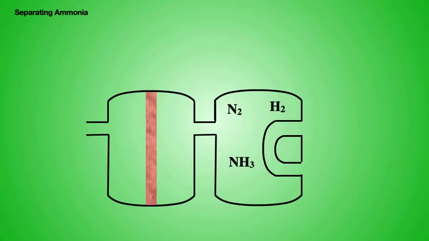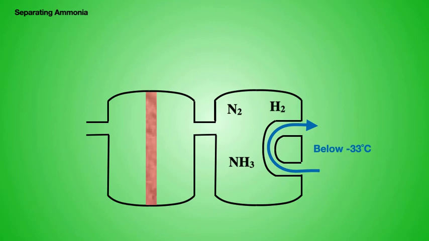And what we're going to do, through that weird looking pipe on the right, we're going to pump a coolant. That's a liquid with a temperature below minus 33 degrees Celsius. So what that's going to do, it's going to cool that reaction vessel down below minus 33 degrees Celsius. Why is that important? Because minus 33 degrees Celsius is the boiling point of ammonia.